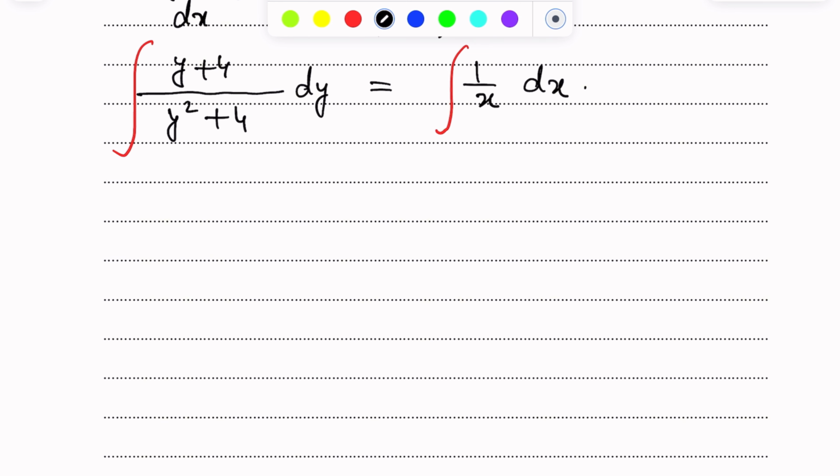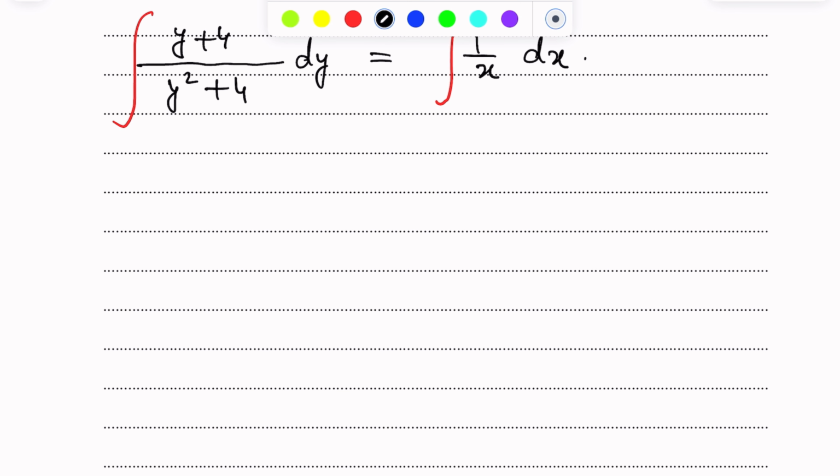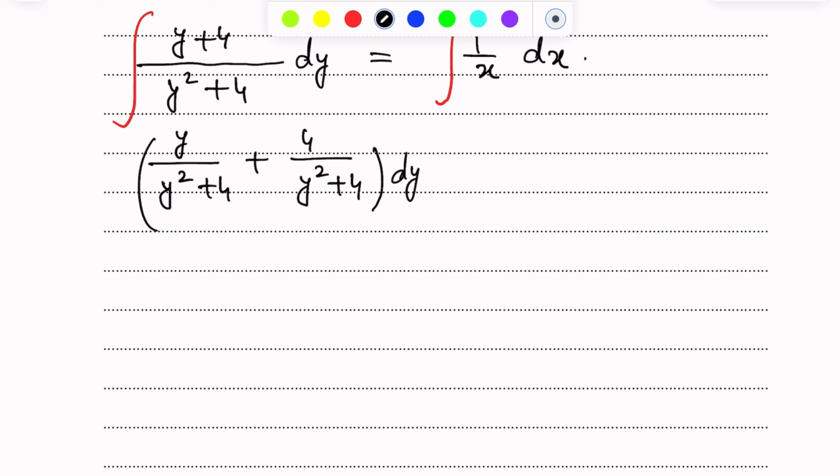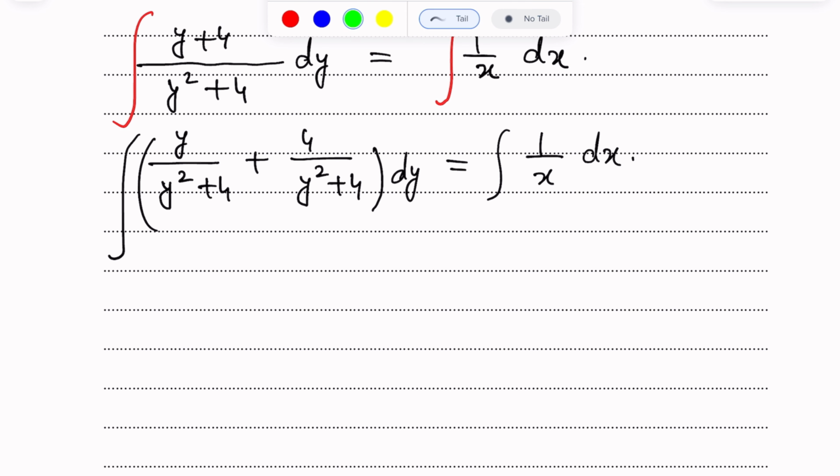So we can write it as y over y square plus 4, plus 4 over y square plus 4. Now we integrate it with respect to y. The right side simply remains the same because we can directly integrate it by using log.